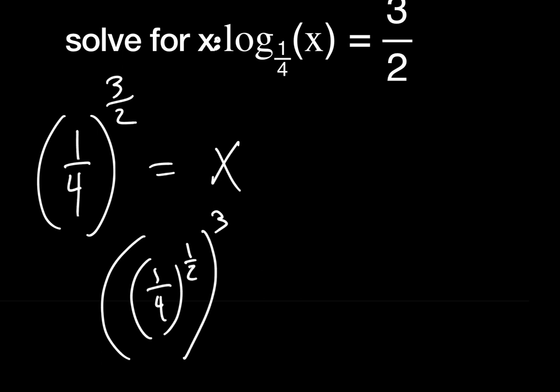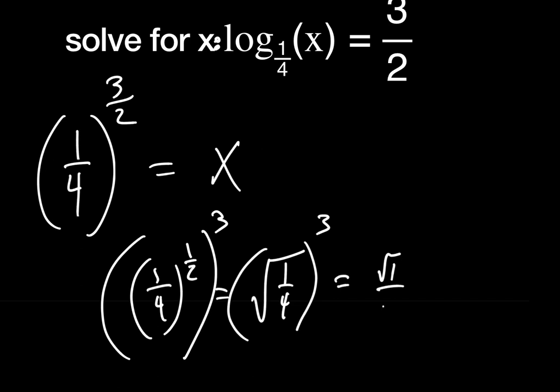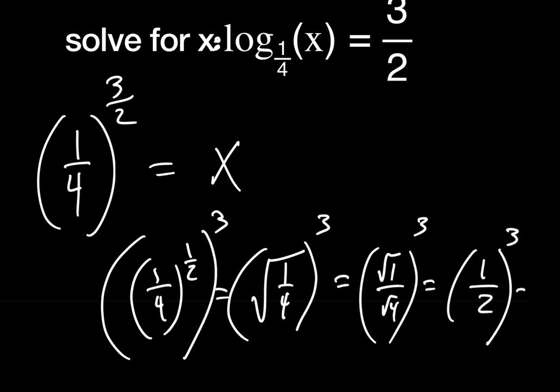So in this case, I pulled those apart. 1/2 times 3 is 3/2 because I know that the 1/2 means the square root of 1/4 cubed. Which I then go, okay, square root of 1 over the square root of 4 cubed. And the square root of 1 is 1. Square root of 4 is 2 cubed, or 1/8.